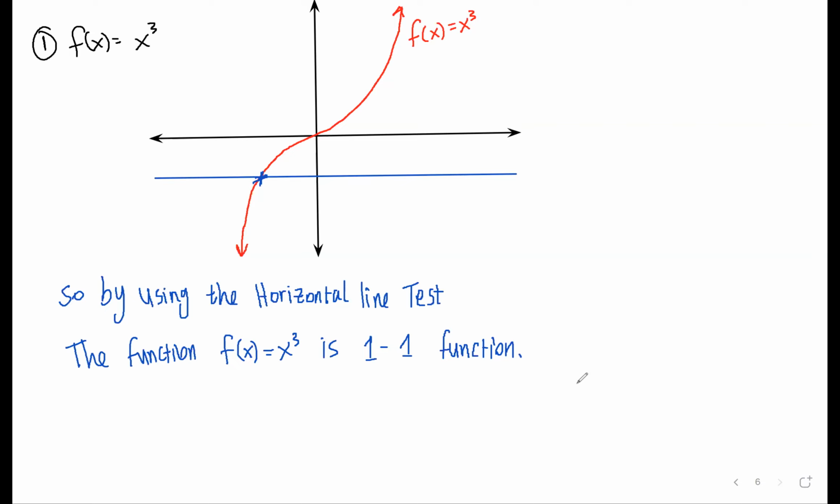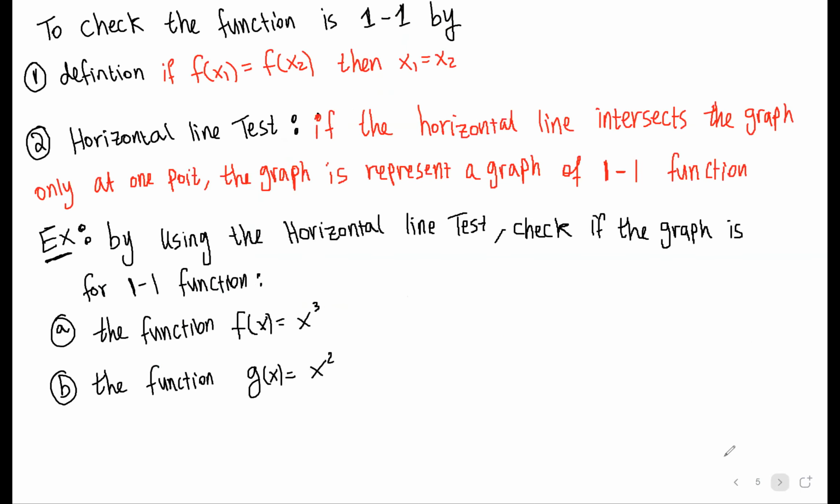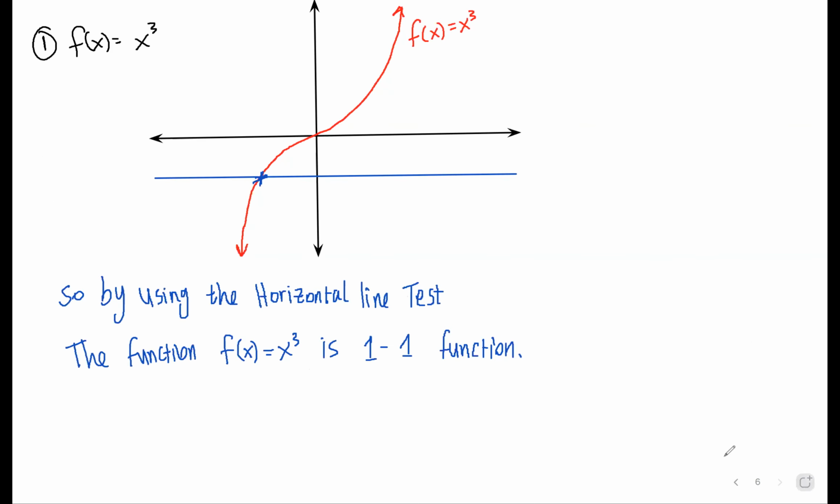Okay, so for the second one, who will do the second one? The function g of x equal x squared. How is the graph for this function, first of all?